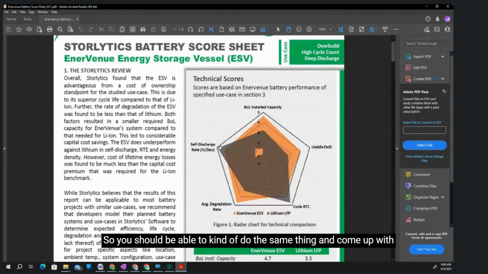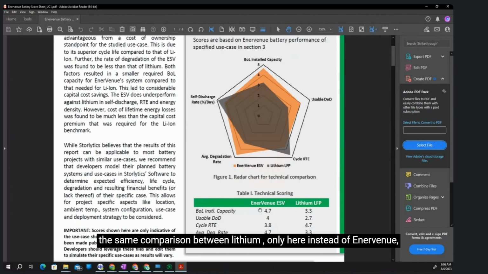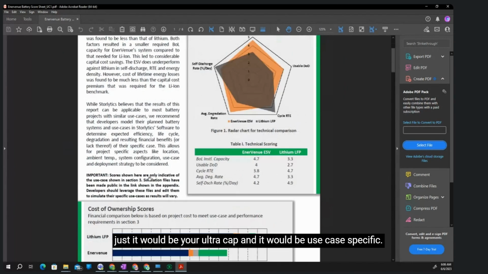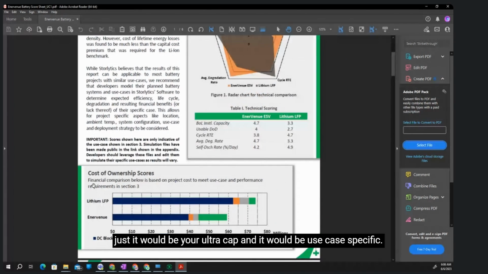So you should be able to do the same thing and come up with the same comparison between lithium and, only here instead of Enervenue, it would be your ultra cap, and it would be use case specific.